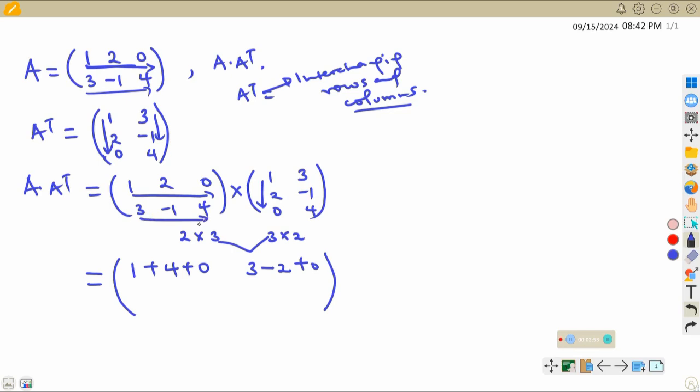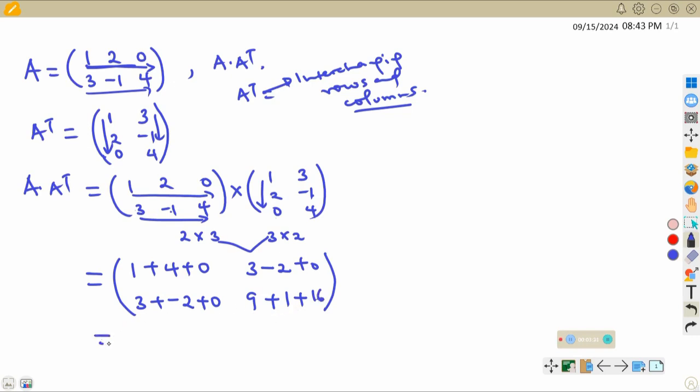Next, we shall get this. 3 times 1 is 3, plus -1 times 2, which is -2, plus 4 times 0, which is 0. Next, we shall have 3 times 3, that is 9, -1 times -1, that is +1, then 4 times 4, which gives us 16.